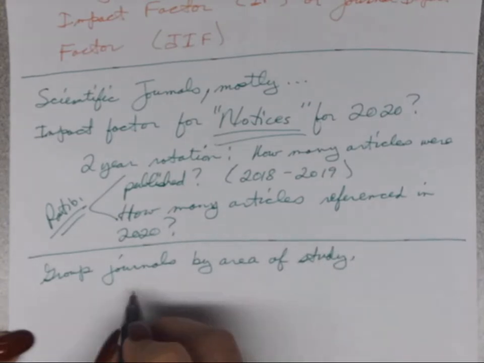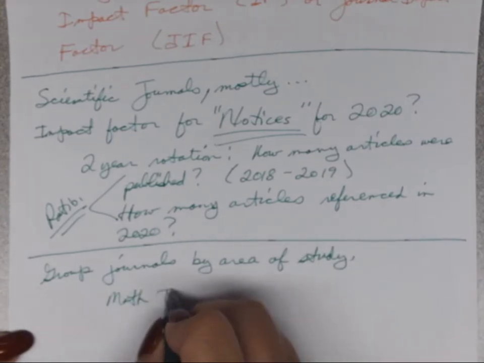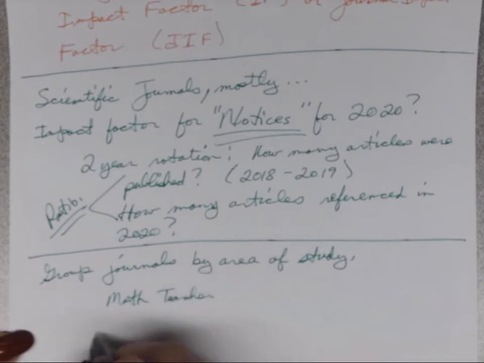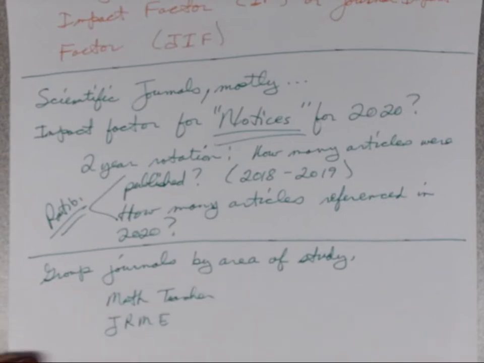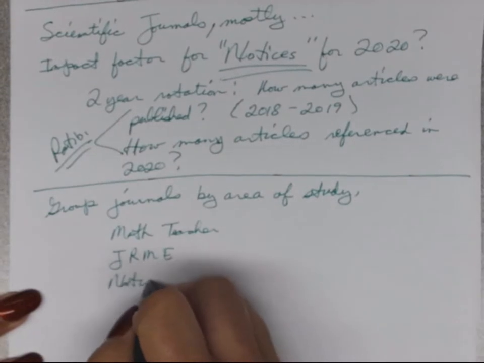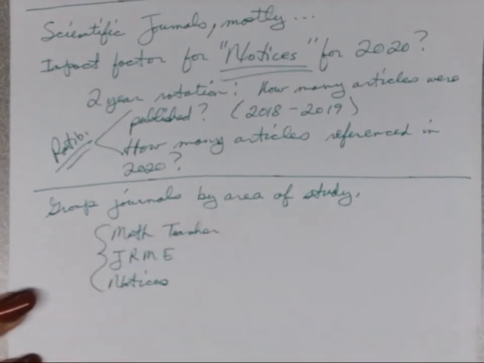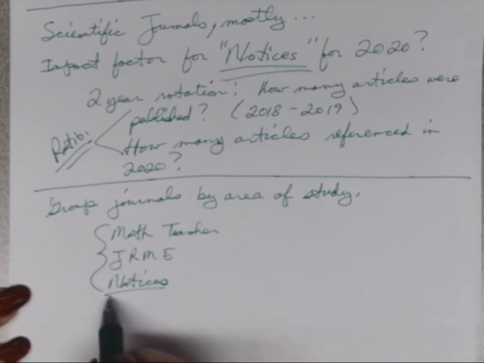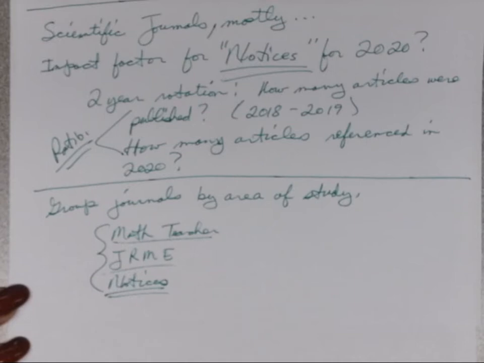Okay, so if this is some math teacher journal, I don't know, and this is JRME, Journal of Research in Math Education, and this is the Notices, which aren't really the same, because the Notices is very, very mathy, and these other two are very, very math ed.